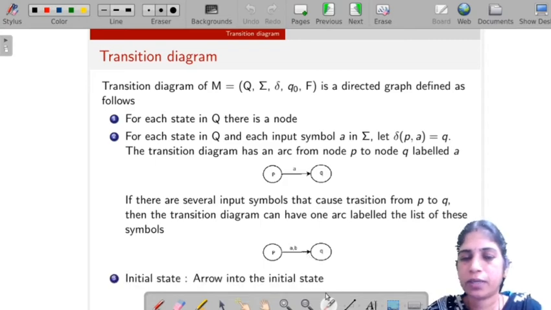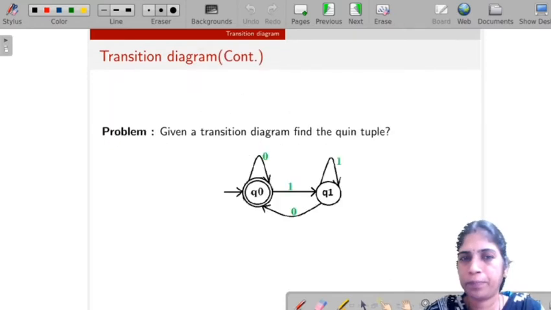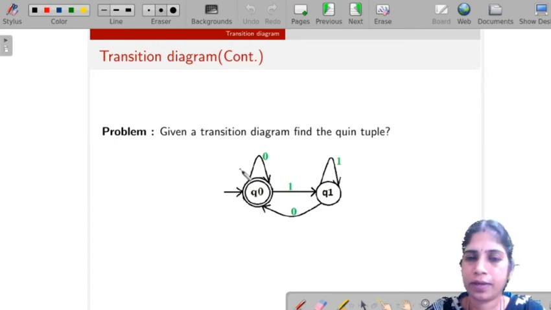Then initial state is represented by the arrow to the initial state and final state by double circles.